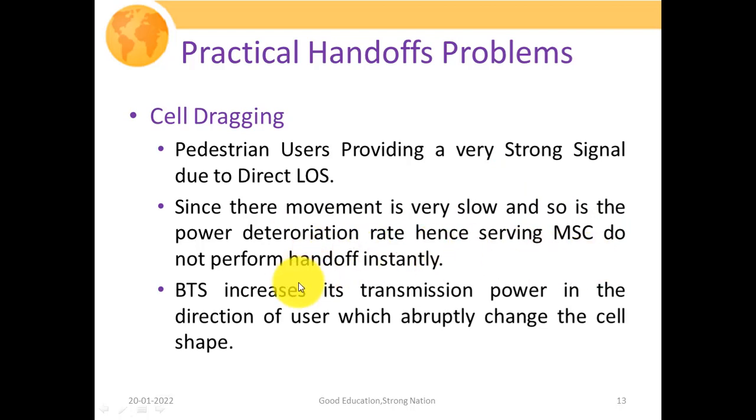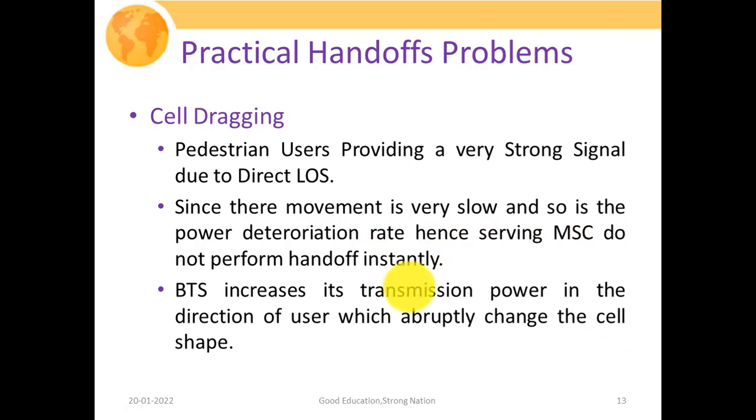Hence the serving MSC does not perform handoff instantaneously. We had already discussed that handoff must be performed as infrequently as possible, and for that sake the MSC has to monitor the received signal strength of the individual user for a certain duration of time. So if its signal is deteriorating very slowly, then the MSC will not instantaneously perform the handoff request.